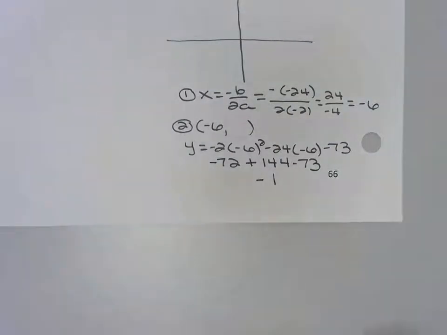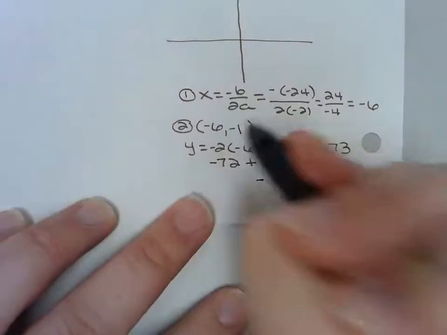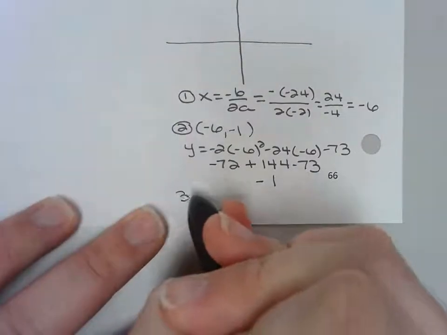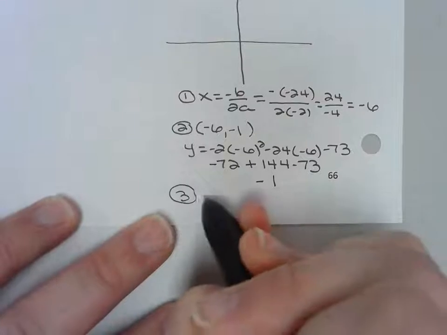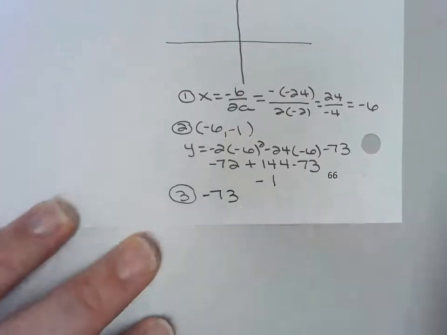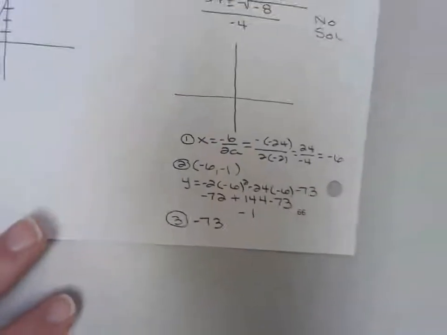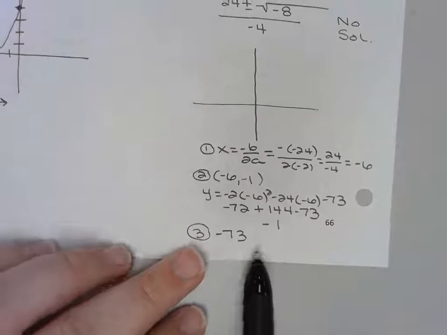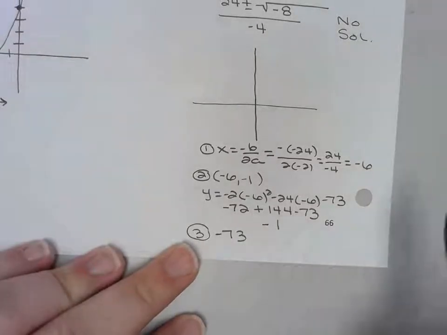Listen. Just plug it in your calculator. You're good. You can do that. Negative 1. So my y value is negative 1. Negative 6, negative 1. And what's the y-intercept? What's the c value? Negative 73, which we're not going to worry about graphing too much, but we can get a good parabola without it. Okay, so as I look at this, negative 73 is my y-intercept, which we're not going to worry about.